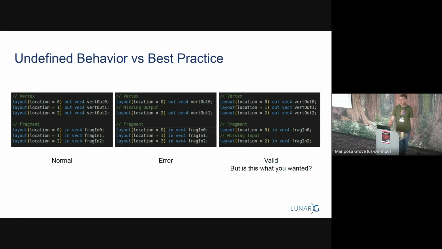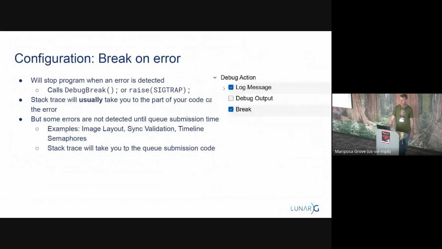If you're missing an output and you try and consume it in the fragment shader, that's going to be an error. But if you don't use an output, that's technically allowed, but that could be a mistake. So best practices will say, hey, you're missing this output, or you're not using this output. Are you sure you know what you're doing?